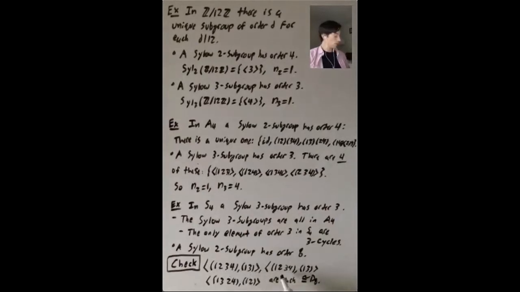We have the one generated by, oh, I made a mistake here. This should be the 4-cycle (1 2 4 3) and the transposition (1 4). OK, I got that right now: (1 2 3 4), (1 3); the subgroup generated by (1 2 4 3), (1 4); and the subgroup generated by (1 3 2 4) and (1 2).